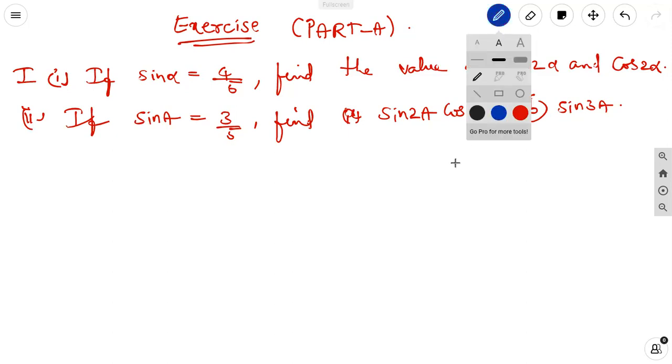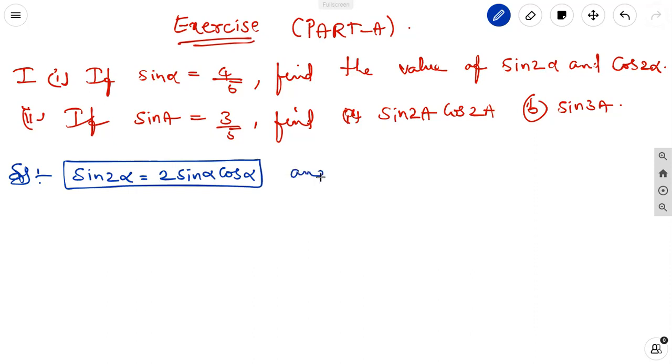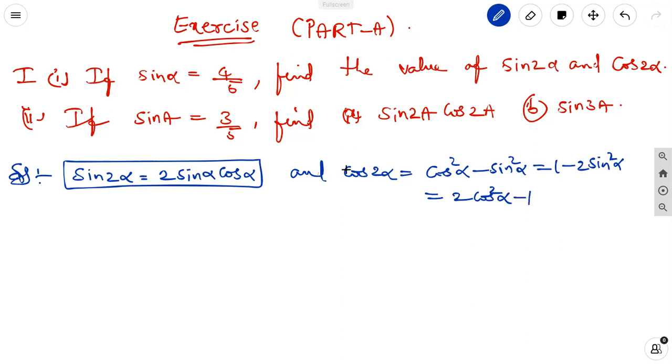Here, just we can recall the formulas. Sin 2 alpha equal to 2 sin alpha cos alpha. If they are asking in which angle, then we can use that angle only. And cos 2 alpha equal to cos square alpha minus sin square alpha, or 1 minus 2 sin square alpha, or 2 cos square alpha minus 1.